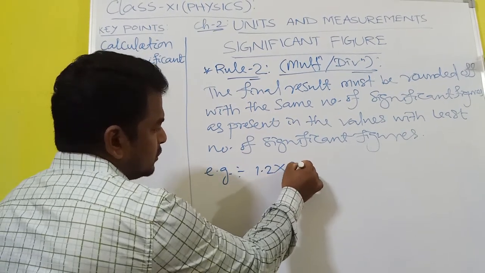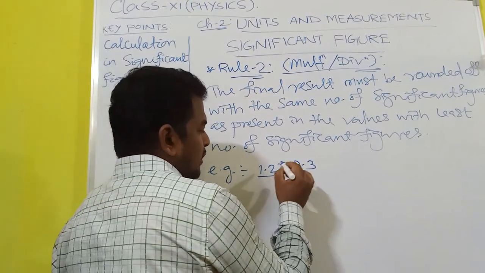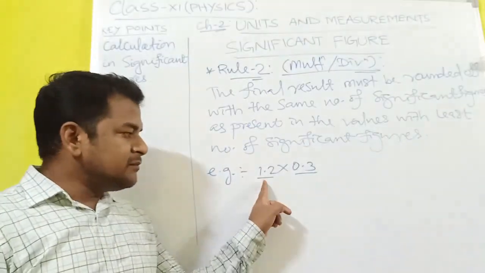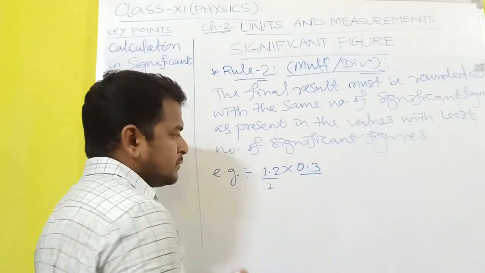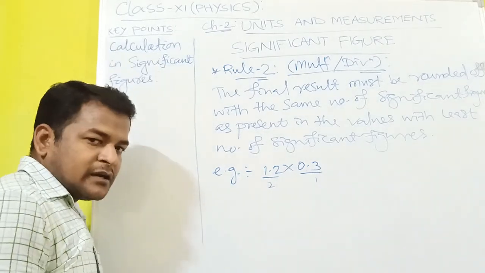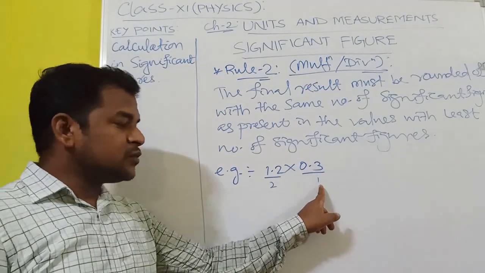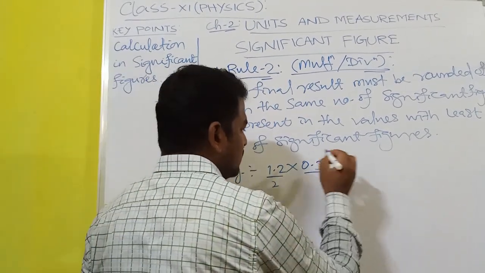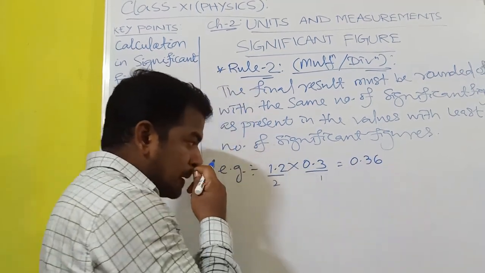1.2 into 0.3. We have to multiply 1.2 with 0.3. Here in this number, how many significant figures are there? 2. Here 1. So the number having the least significant figures is this one, because one significant figure is there. Now the answer will be 0.36.